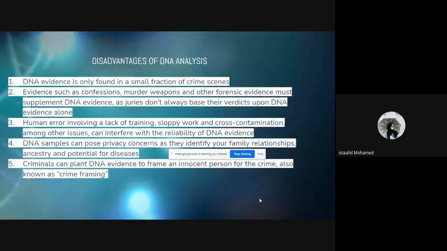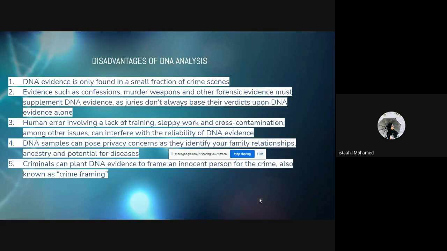So, what are the disadvantages of DNA analysis? First, DNA evidence is only found in a small fraction of crime scenes. Evidence such as confessions, murder weapons, and other forensic evidence must supplement DNA evidence, as jurors don't always base their verdict upon DNA evidence alone.